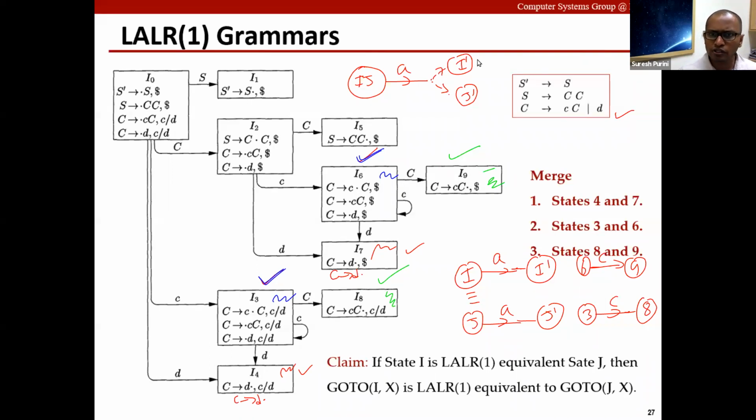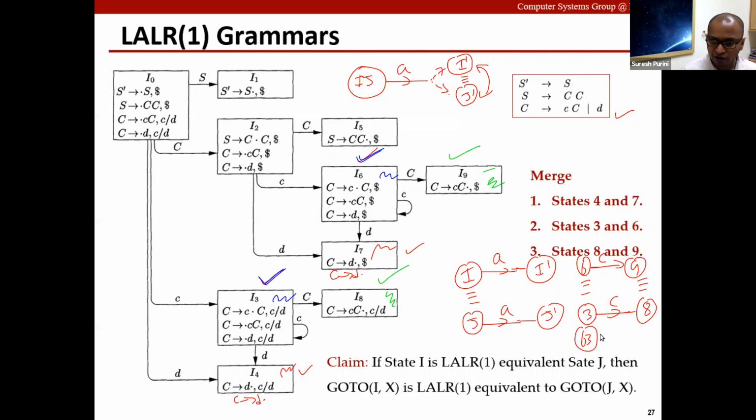So how do we reconcile? It turns out this is not a problem, because these two also turn out to be equivalent to each other, so we will end up merging both of them. You can see here that 6 and 3 are equivalent to each other and 9 and 8 are also equivalent to each other.